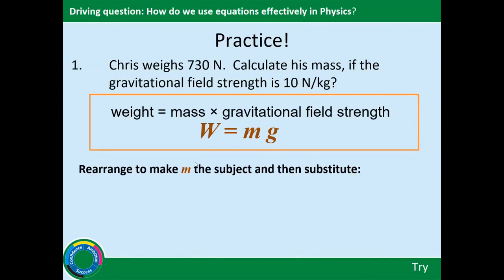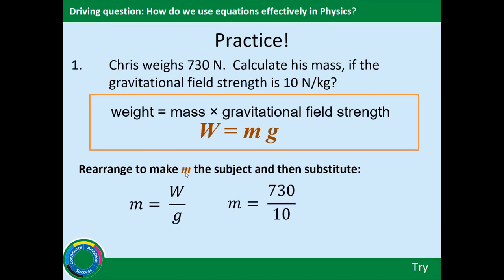Rearrange your equation to make m the subject of the formula because we're given the weight 730 newtons, we're given g, gravitational field strength, 10 newton per kilogram. We are asked to calculate his mass, so that's how we know we need to make m the subject of the formula. We've just done that on the previous slide, so we know that m equals w divided by g.